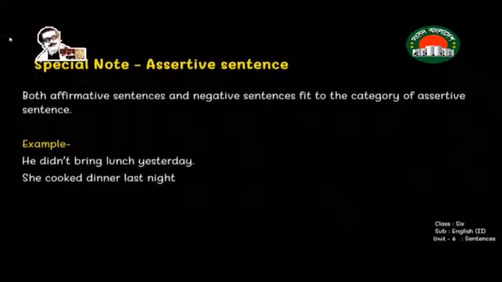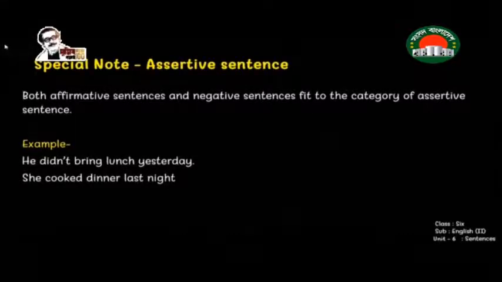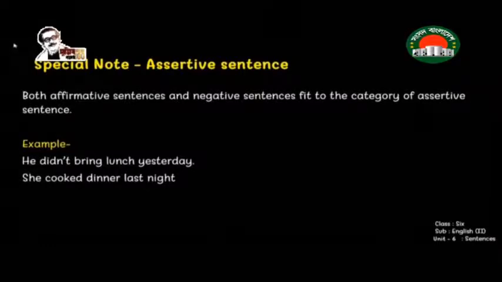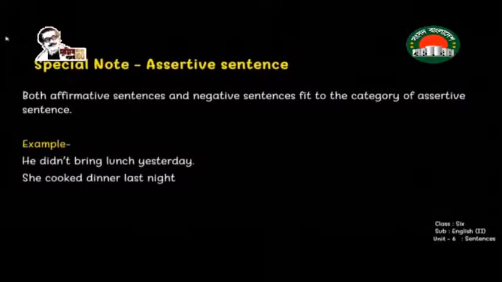Both are assertive sentences. So what is an assertive sentence? We can say an assertive sentence makes a statement about some persons, things, or events. It may be both a positive and a negative statement. So you have got the example here.